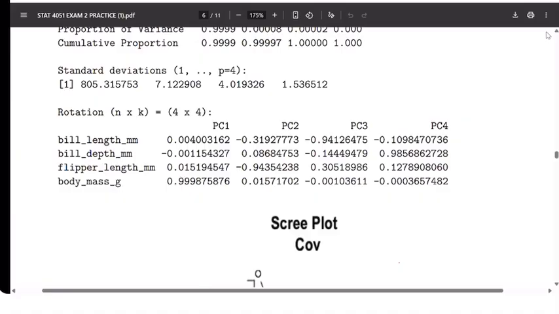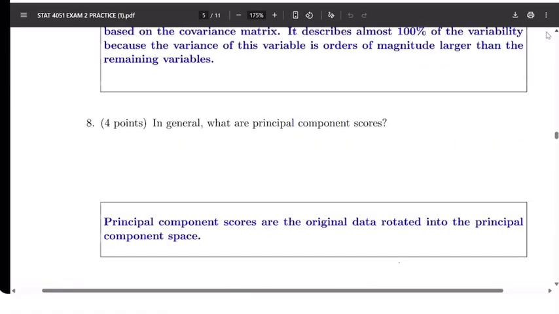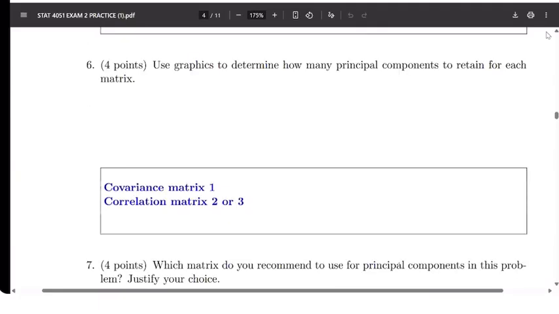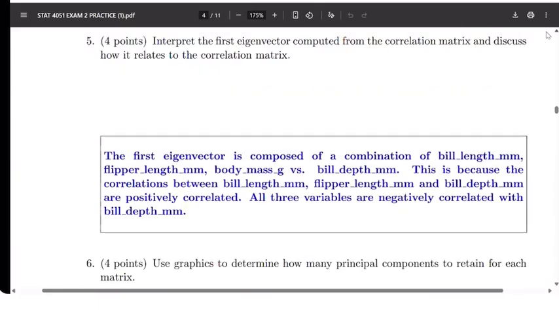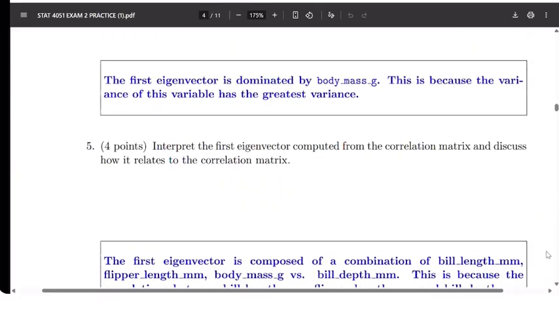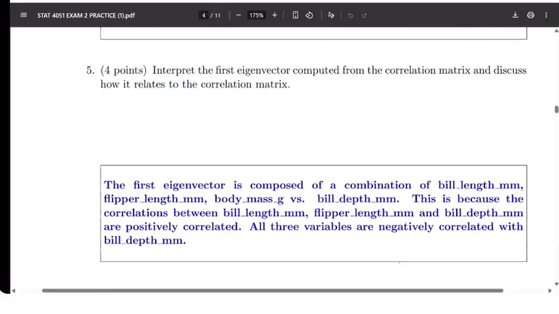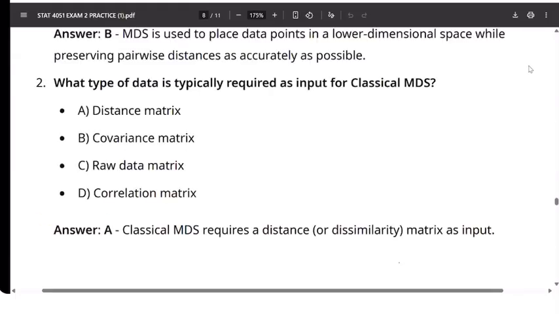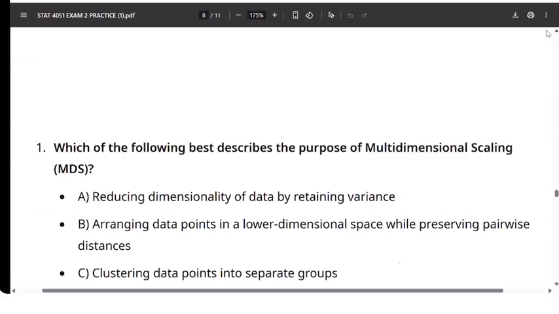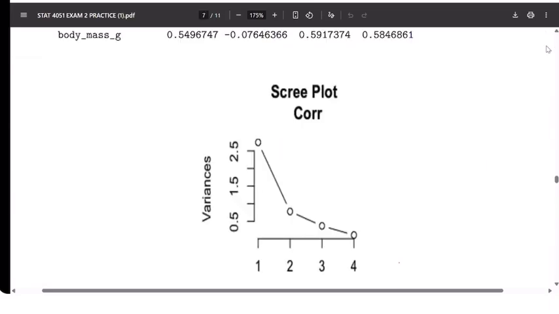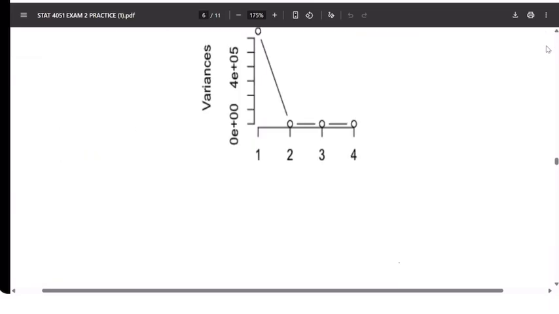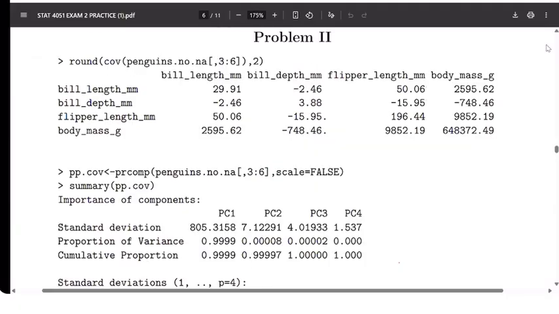Now I'm moving on. There are other general questions. Agenda number 5 says interpret the first eigenvector computed from the correlation matrix. Like I said, I provided two outputs, one based on the correlation matrix, the other based on the covariance. Let's see where the correlation starts from or the covariance starts from.